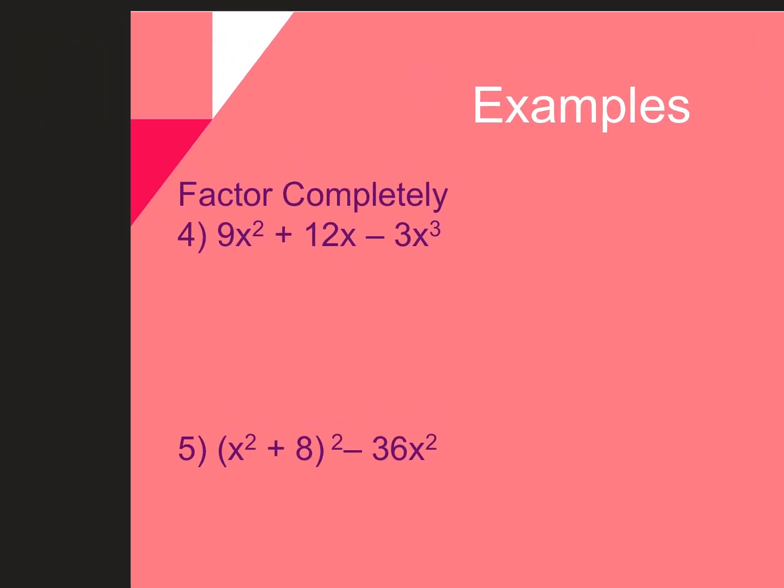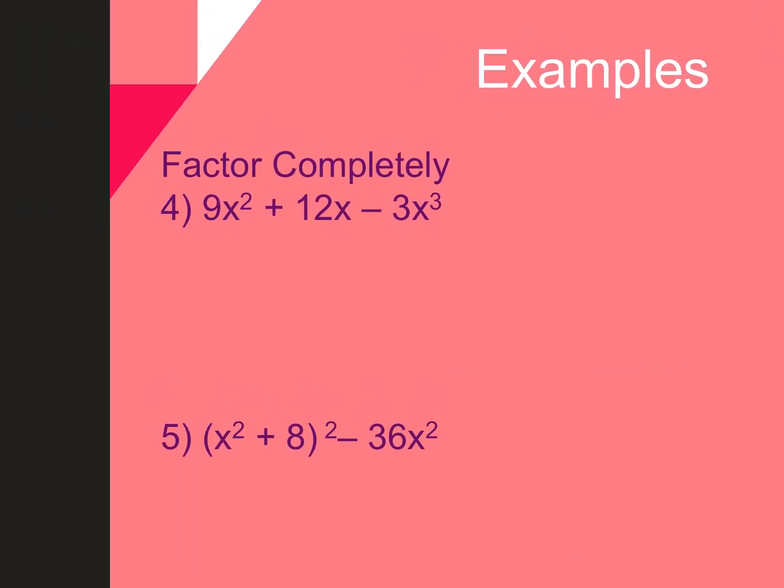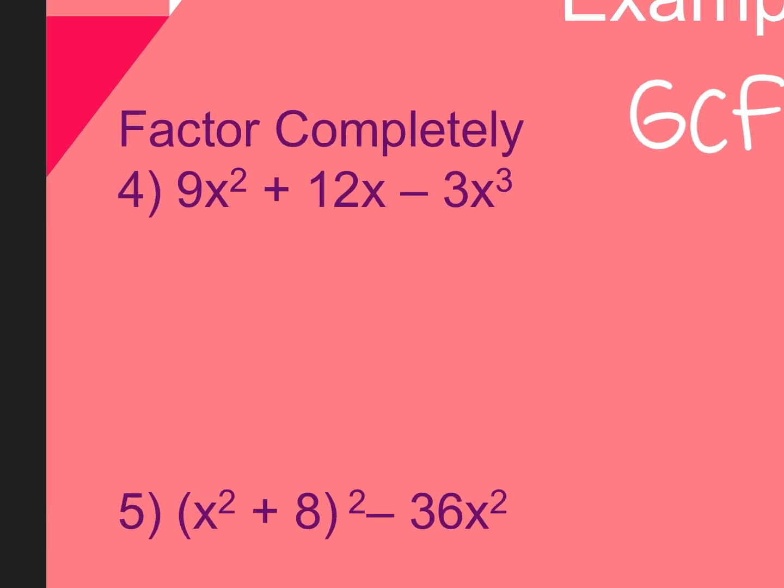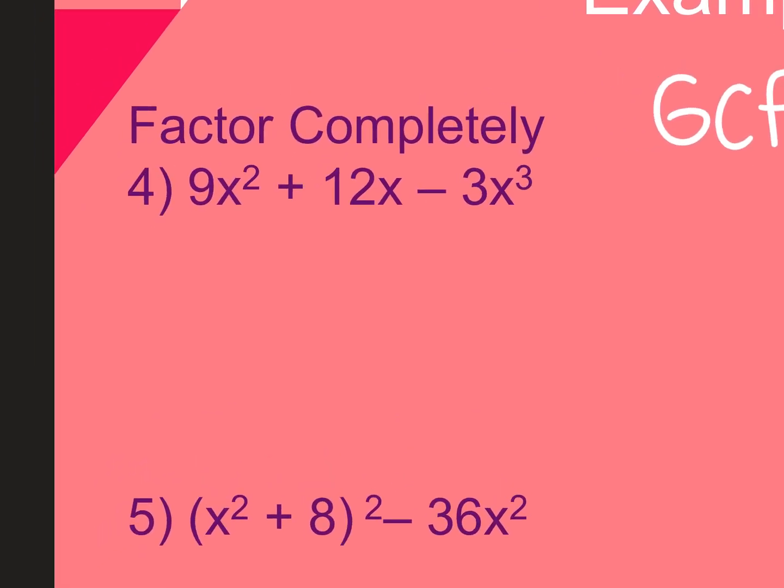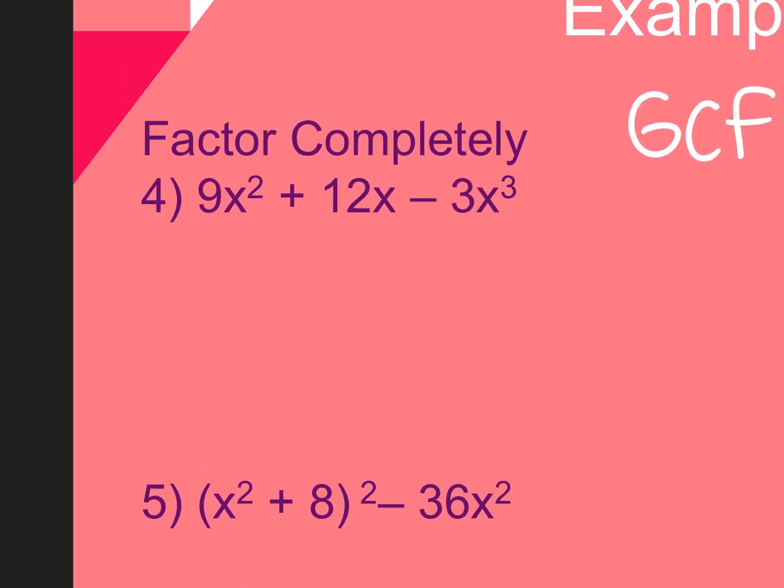All right, moving along. Again, it says factor completely. That means get everything out first. GCF first. I'm going to keep saying that a million times. First thing I want to do is get my expression into standard form with the highest exponent first. So I'm going to move this negative 3x cubed, remember the sign in front stays with the term, plus 9x squared plus 12x.